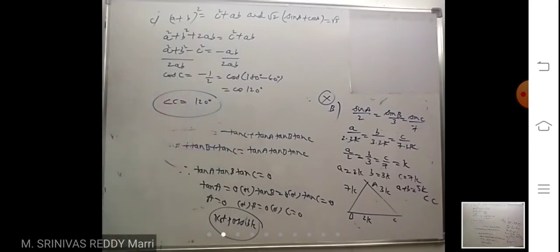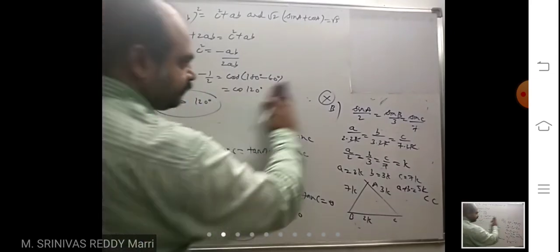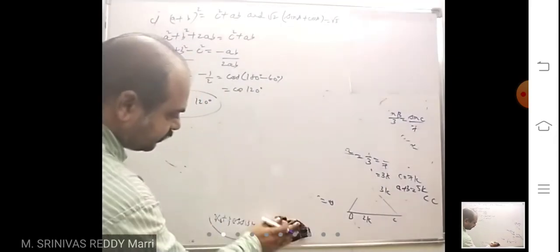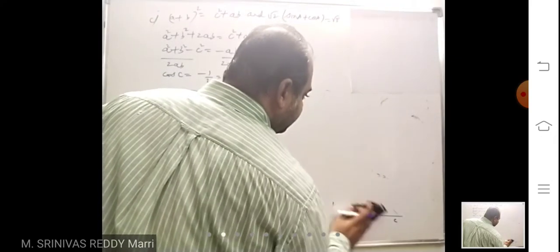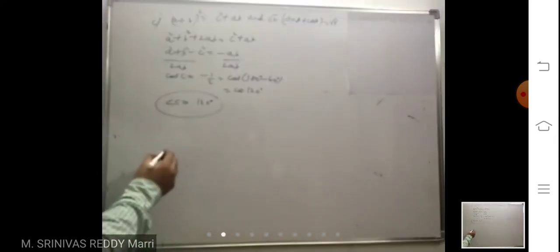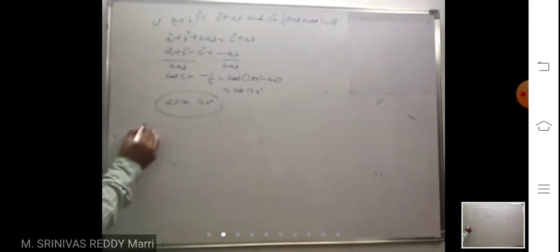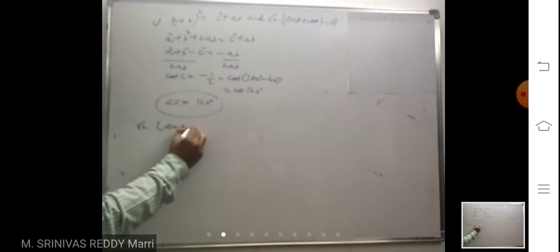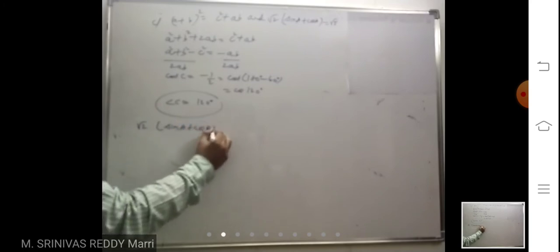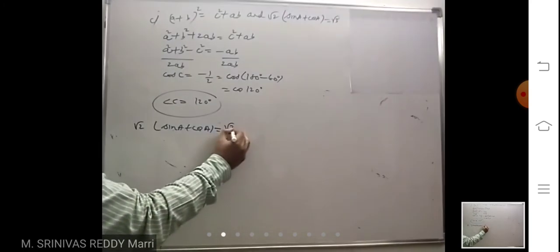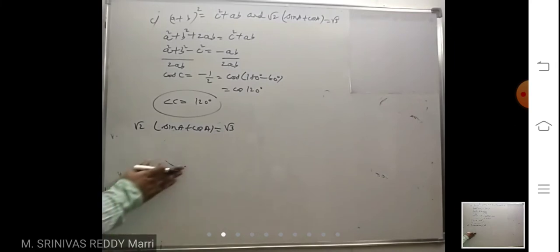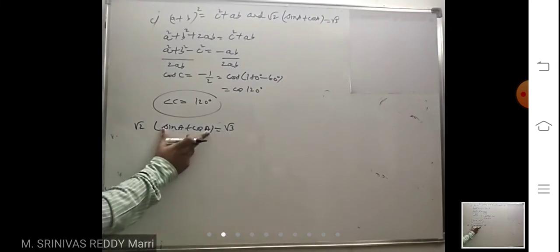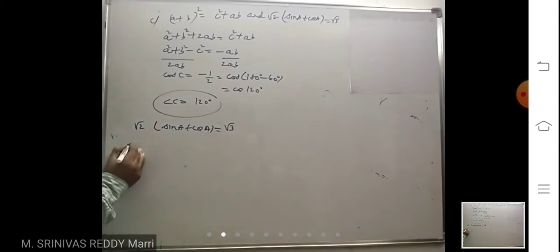Therefore, from this information, you can say 120 degrees. The other angles we will calculate from there. So angle C I got as 120 degrees. Now for this condition, take √2 sin A + cos A = √3. This is of the form a sin x + b cos x.